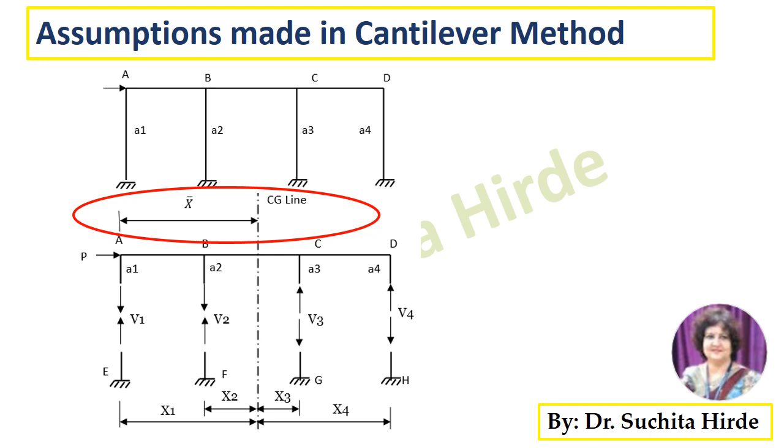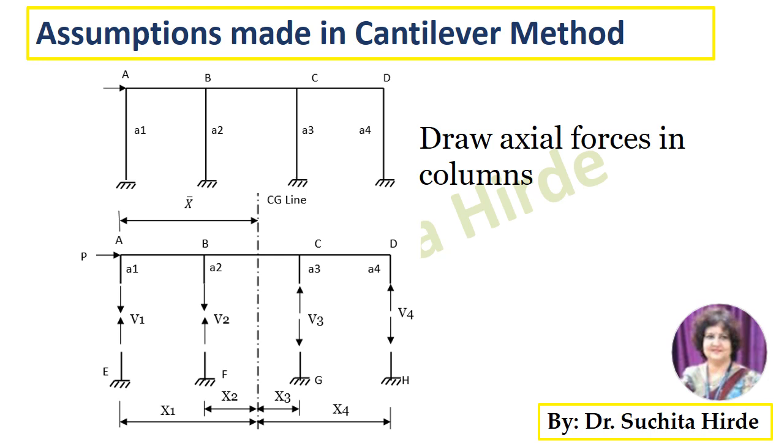Let us assume x bar is the distance of CG line from first column. After that, show distances x1, x2, x3 and x4. These distances are distance of column from the CG line.